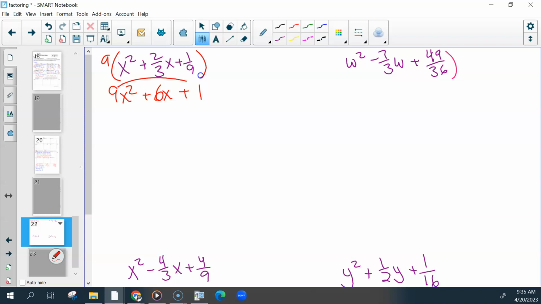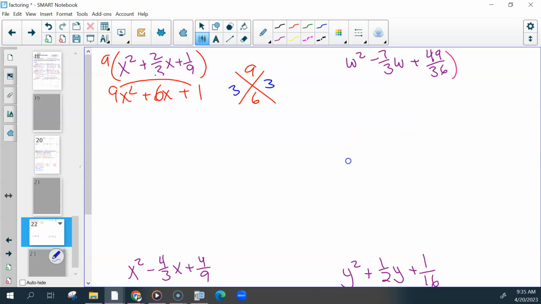Multiply 9 and 1. I'm sorry, first, do we have a GCF? No, other than 1. Multiply 9 and 1. We're looking for two numbers that multiply to be 9, that add to be 6. 3 and 3 work.